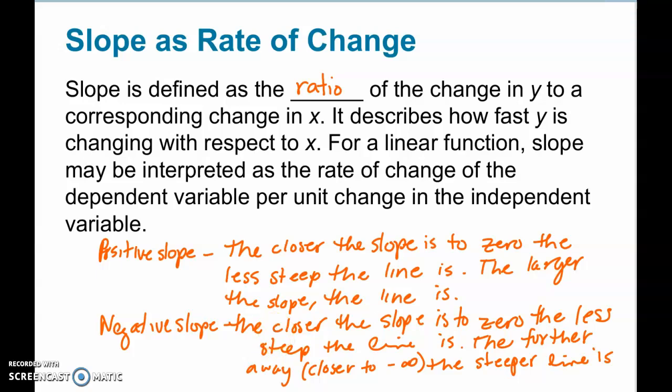Those are just some observations of positive and negative slope. Sometimes we don't always have linear functions, but we can still talk about slope as a rate of change, and we're going to look at that in the next video.